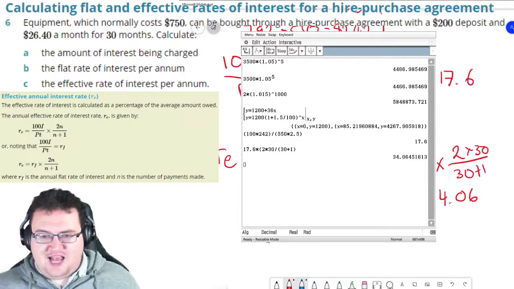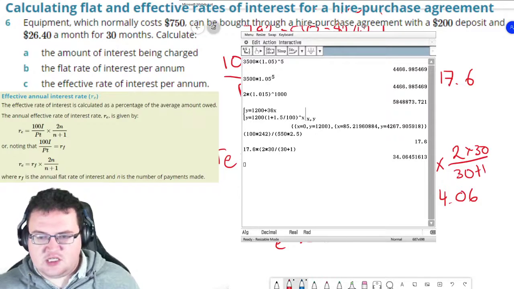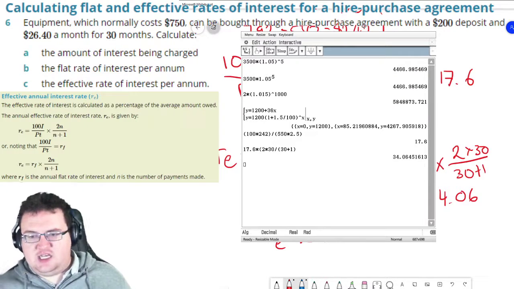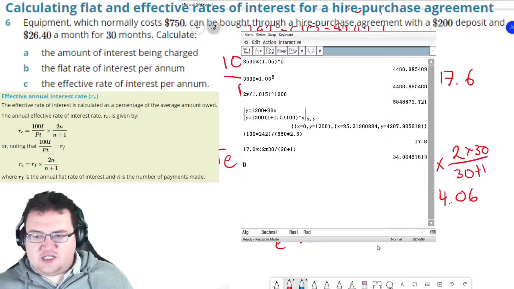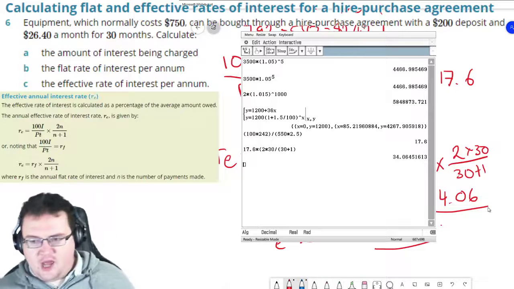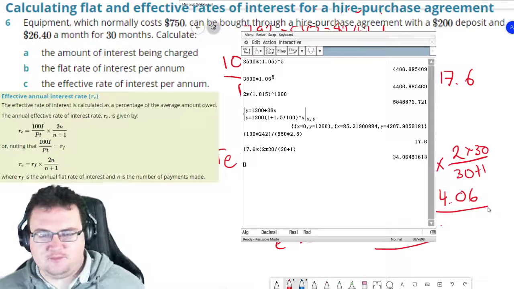And using the estimation of 2 times 17.6, that is 35.2. So there it is approximately, and there it is in reality, hence why it's only known as an approximation.